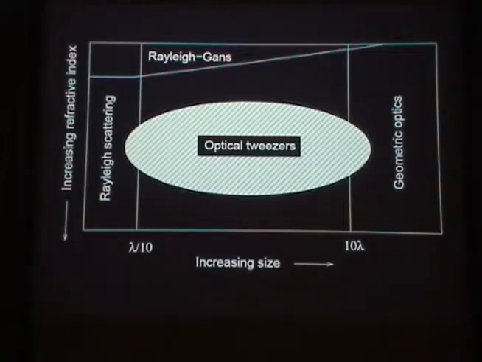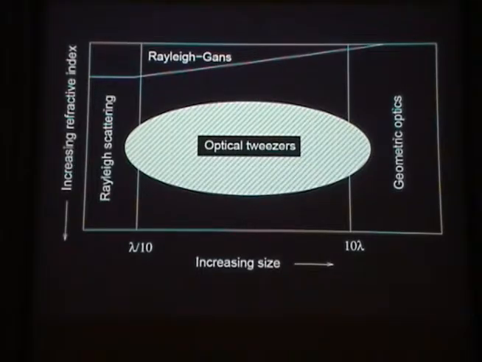If the particle's larger than about 10 wavelengths, then people will usually say that geometric optics is a good approximation. Well, unfortunately, most of the particles we track in optical tweezers lie in this gap in between. So we will need to resort to some exact method.